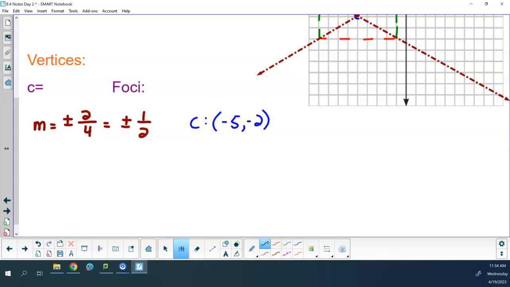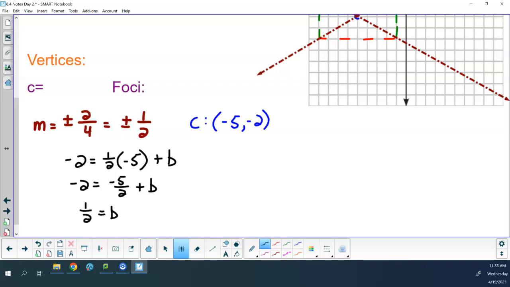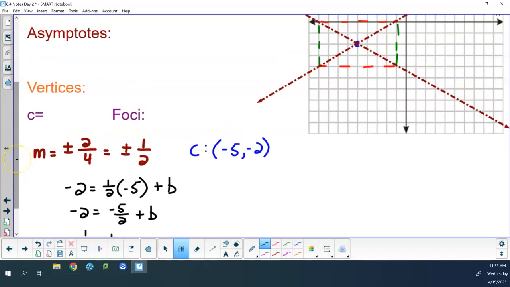y equals mx plus b, so -2 is going to equal positive 1/2 times -5 plus b. -2 plus 5/2 is positive 1/2, which would be my b. So my first asymptote would be y equals positive 1/2 x plus 1/2.